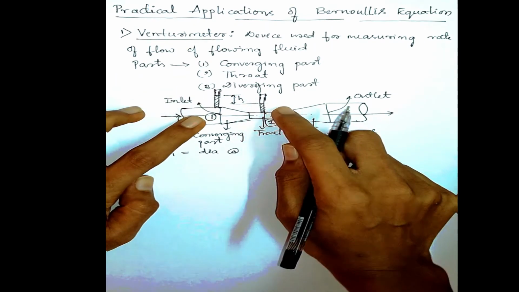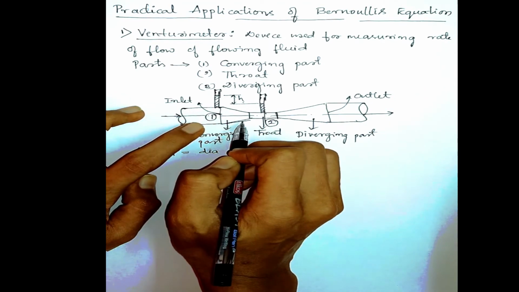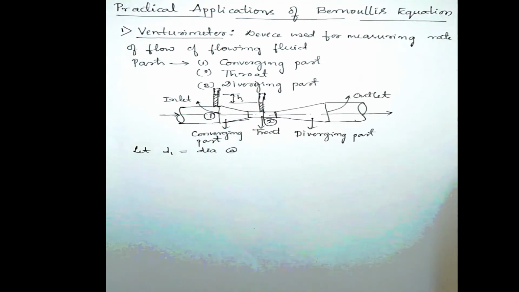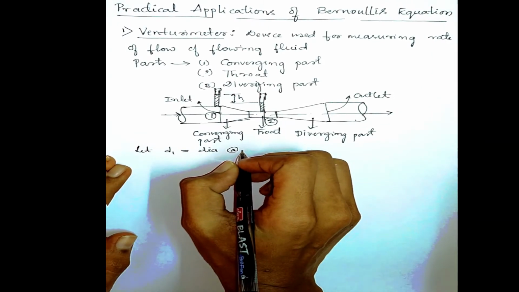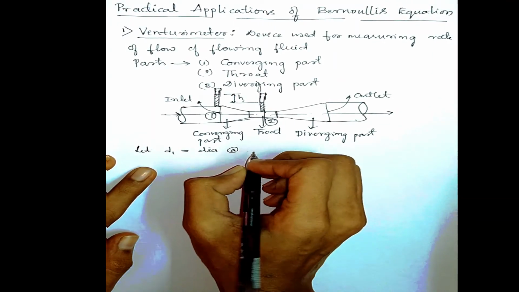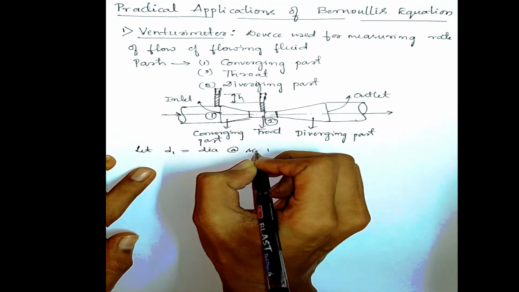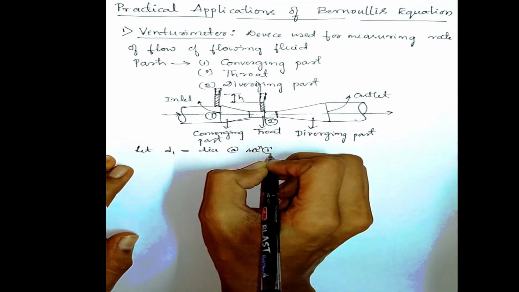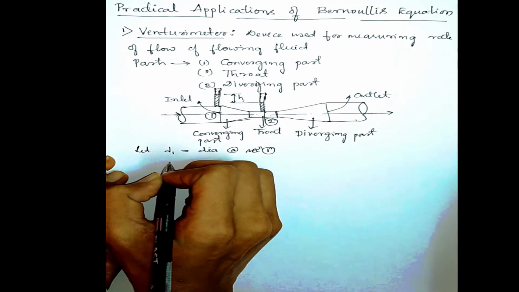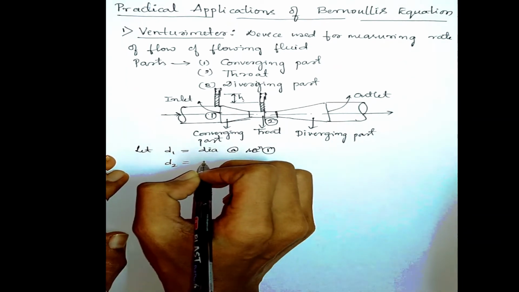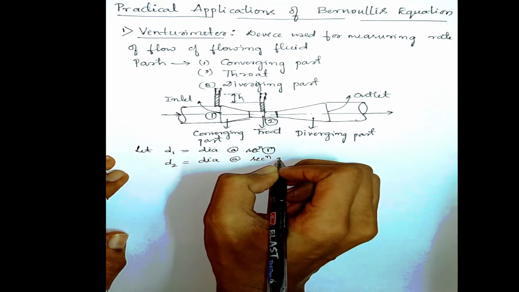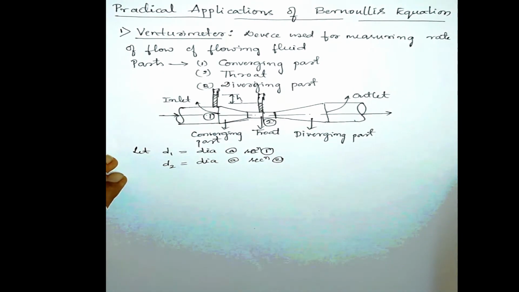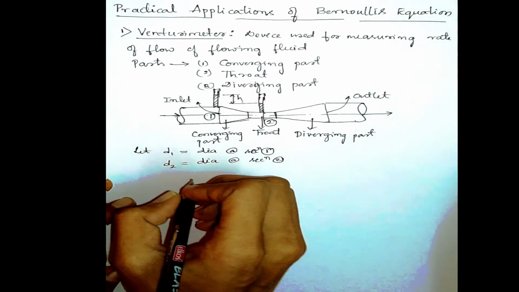As you see here, there is a converging part. Let us consider D1 is the diameter at section 1 and D2 is the diameter at section 2, or at the throat.